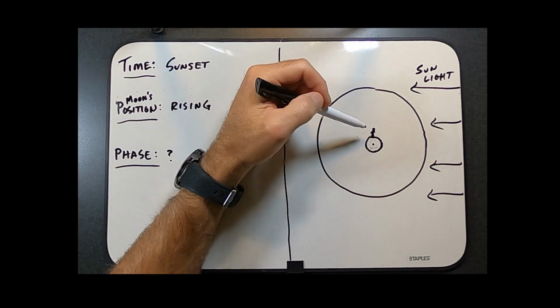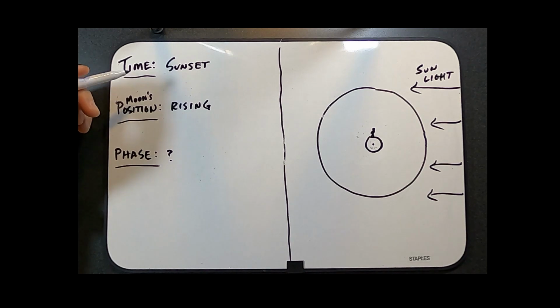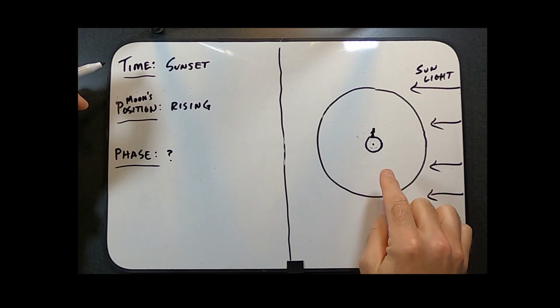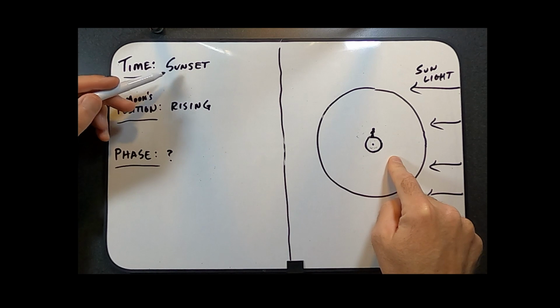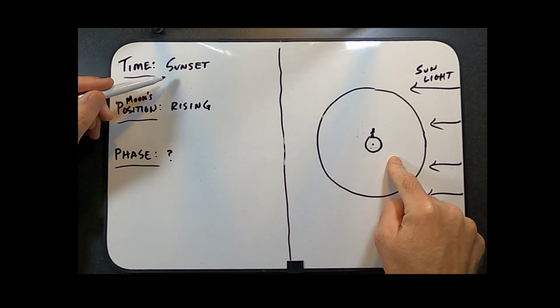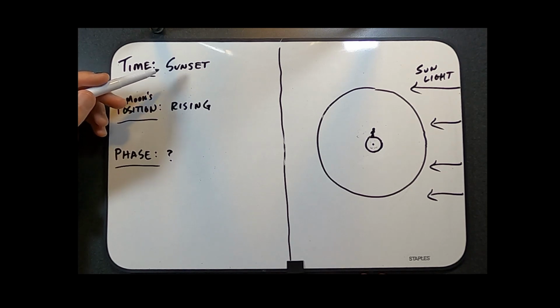The reason why this is sunset is that if you understand the concept of why the sun rises and why the sun sets, remember that when you watch the sun set, it's not really setting. What's happening is the Earth is turning and you're turning away from the sun.